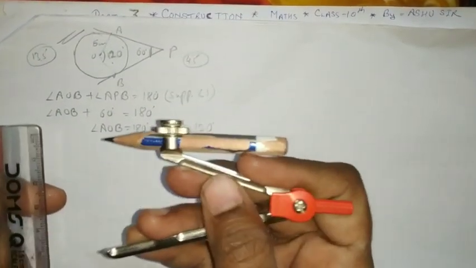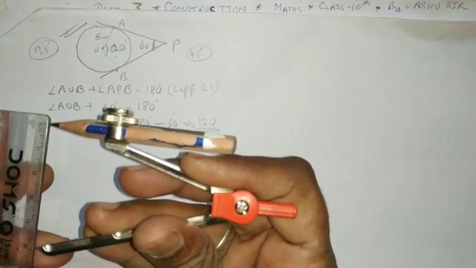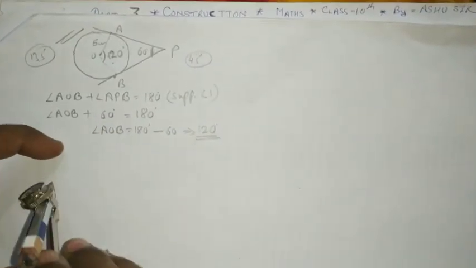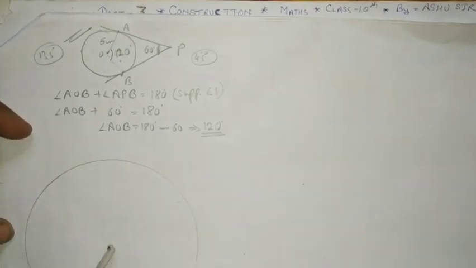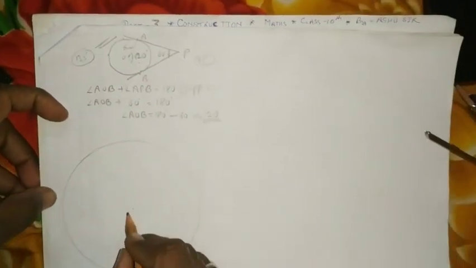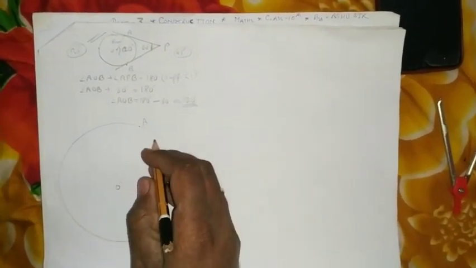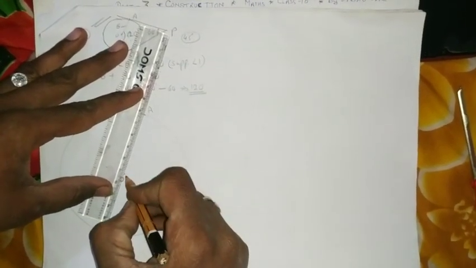First we draw a circle of radius 5 centimeter. Circle. Then take any point A, means draw any radius, a slant type.